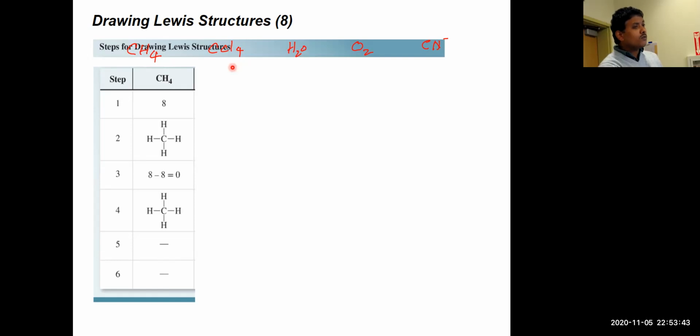I'm going to show you the work, but my expectation is that you beat me to solving this problem and make me proud. So CCl4, let's count the number of valence electrons. There should be 32 valence electrons. Between chlorine and carbon, you choose carbon as your central atom because carbon is least electronegative, and the second point in favor of carbon is that it can make the most bonds.